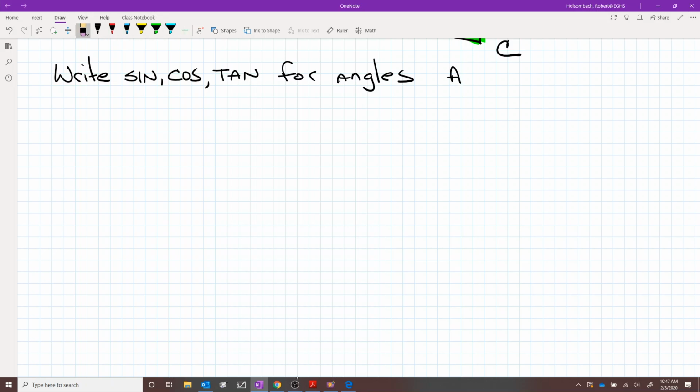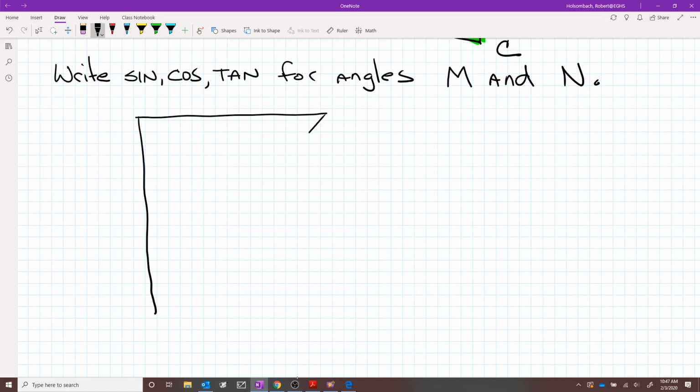Let's go with M and N. We need a right triangle. Here's M, here's N, here's O. And we're going to go with 13, 12, and 5.